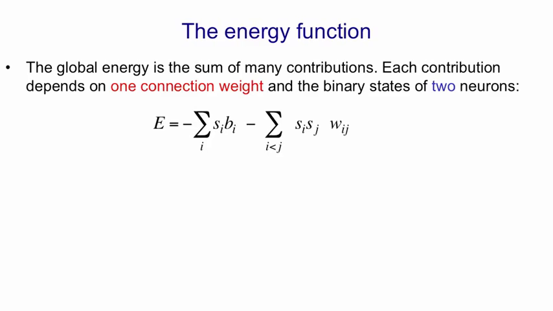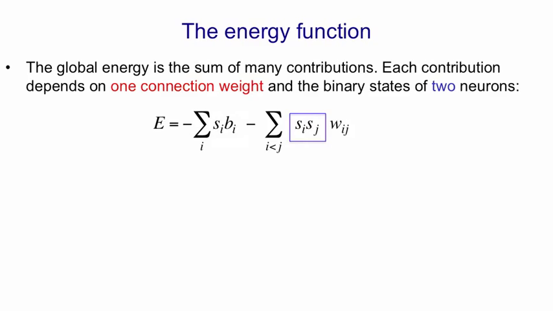If you look at the main term here, it has a weight, which is the symmetric connection strength between two neurons, and it has the activities of the two connected neurons. So s_i is a binary variable that has values of 1 or 0, or in another kind of Hopfield net, it has values of 1 or minus 1.